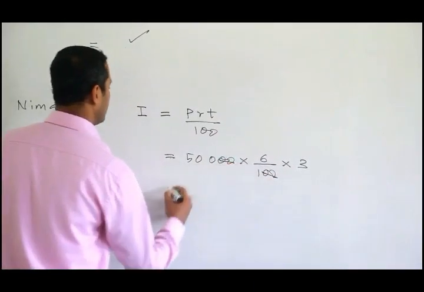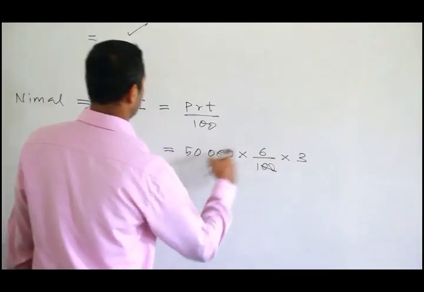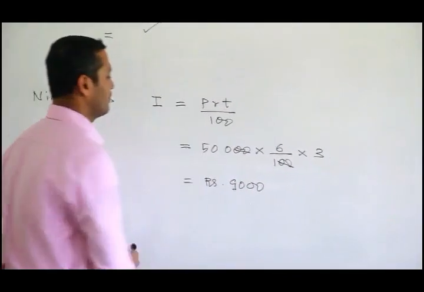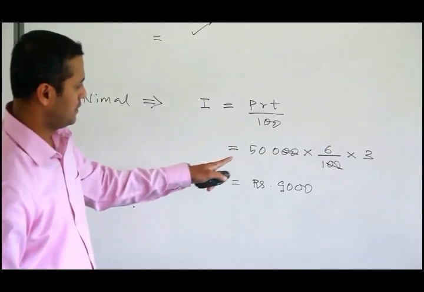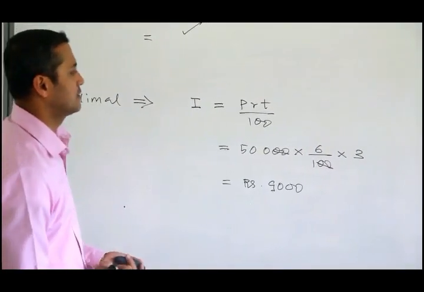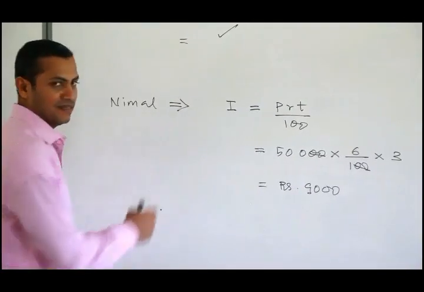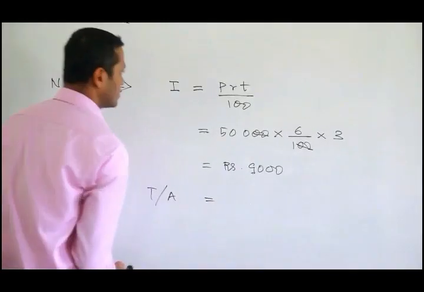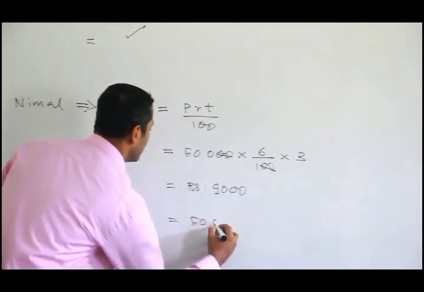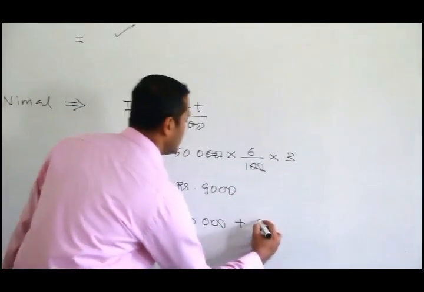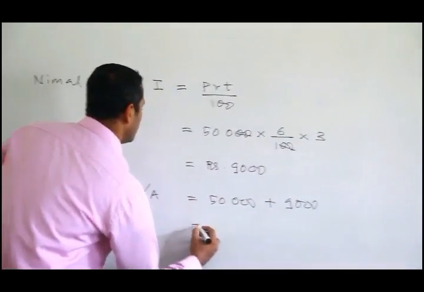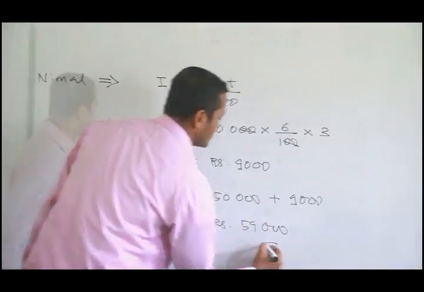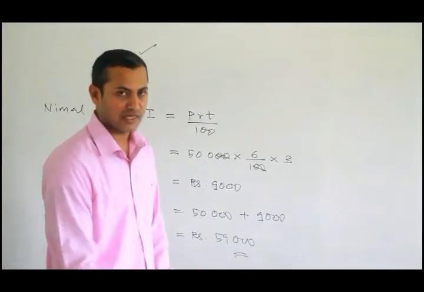Then you can cancel this. Rupees 9,000. Yes. This is the simple interest. Then what is the total amount? It includes the principal plus the interest, 9,000. Then it is rupees 59,000. Is that clear?